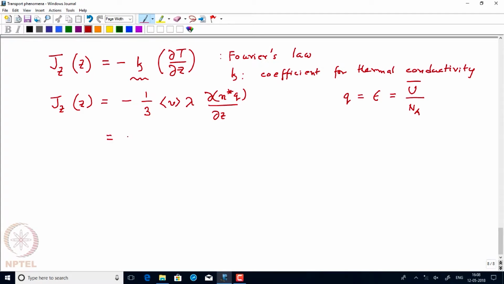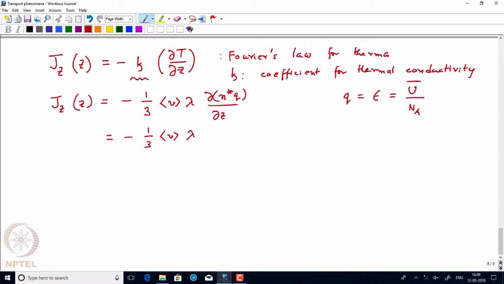Also we see that this derivative, this partial derivative with respect to Z, the reason we are writing partial derivative is because it can also vary temporally, and we will see a special case where the quantity varies not only spatially but also temporally when we discuss diffusion. So in this case the n star, the number density, usually does not change, because when you consider heat conduction, it's a conduction phenomenon, not a convection phenomenon.